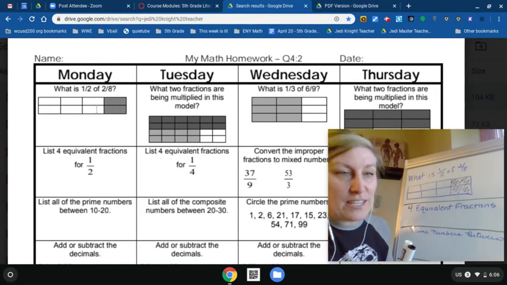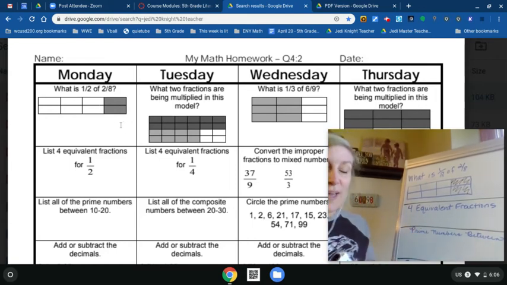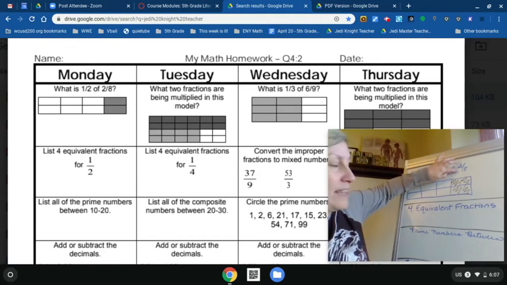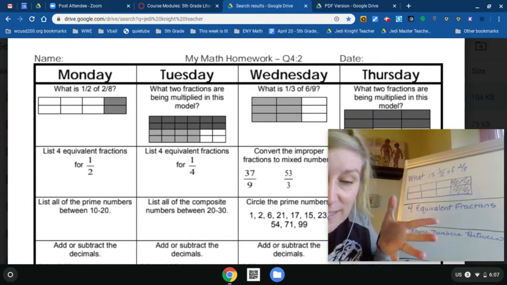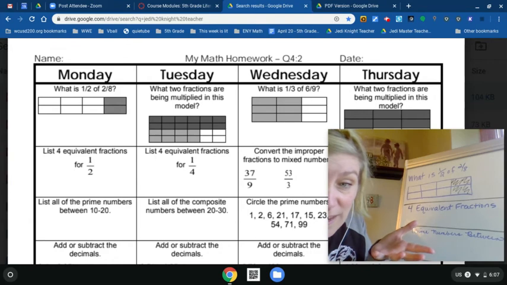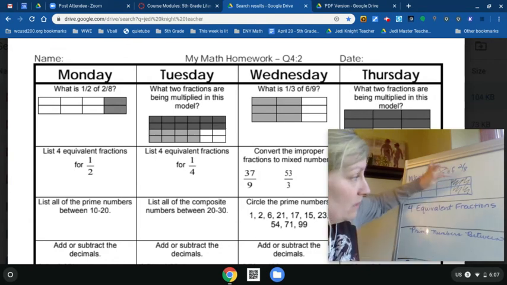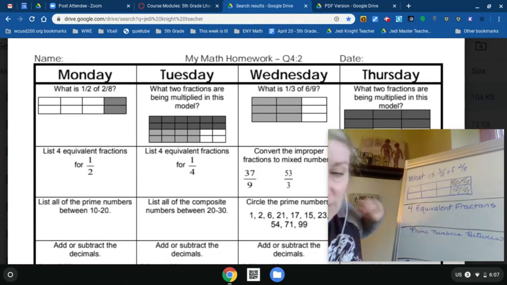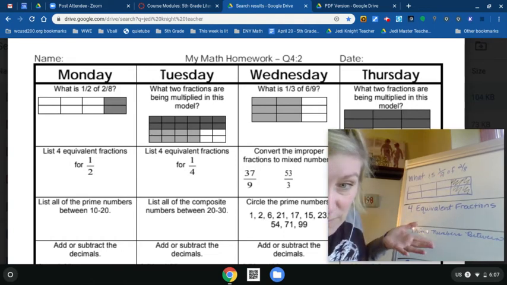The first question is, what is 1/2 of 2/8? That's asking you, take 2/8, what's 1/2 of it? So if I took 1, 2, 3, 4, 5, 6, 7, 8 boxes, shaded in 2 of them, 2/8, what's 1/2 of them? One box, right? 1/8.